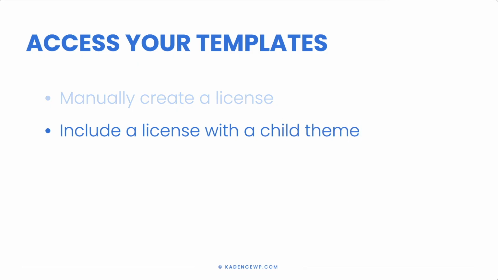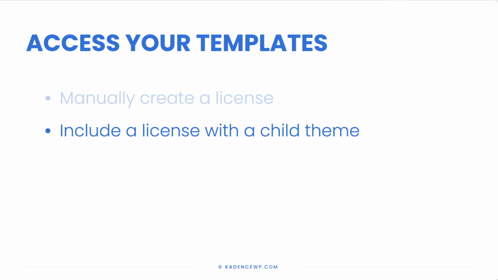Now, the next way you can give access to your templates is to include a license that you generated with one of your child themes if you're using the Kadence Child Theme Builder. The Child Theme Builder is an incredible way to add a new revenue stream through designing full websites and selling access to them.